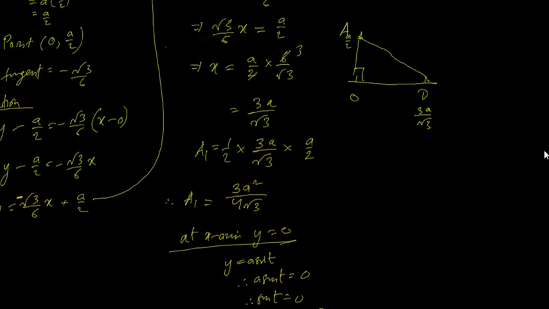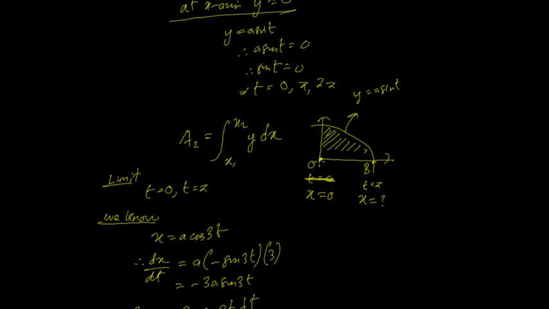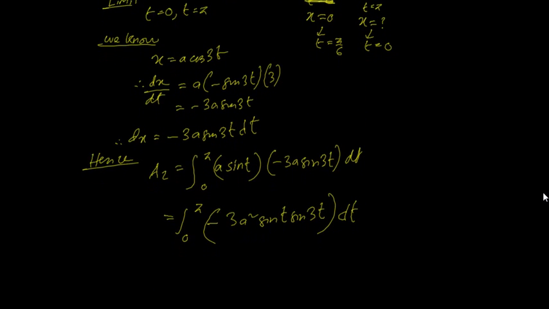Since we had already found this, at the limit x equals 0, we know t equals pi by 6. The other one here is going to be t equals 0, because there are three values here. When y equals 0, meaning at the x-axis, one of them is going to be 0. So t equals 0. It's very important to note whether some value has been found before or not. So we have to do a little bit of change here.